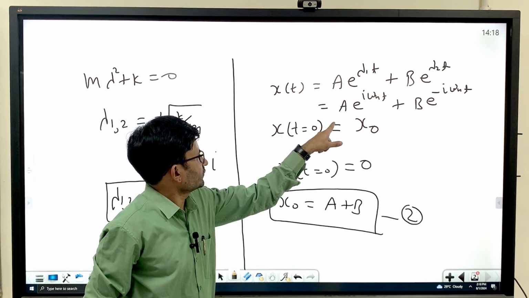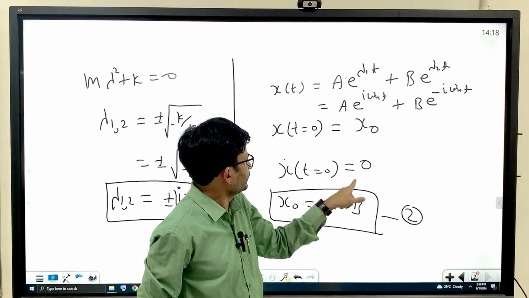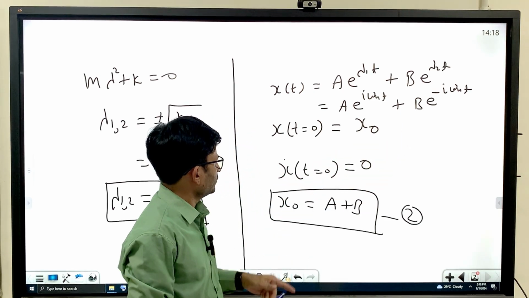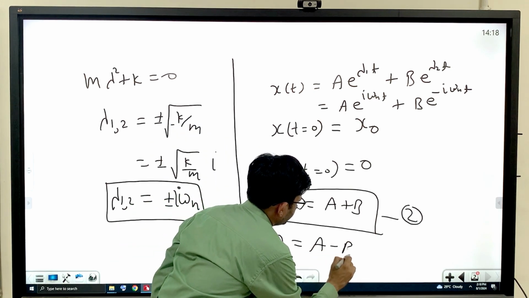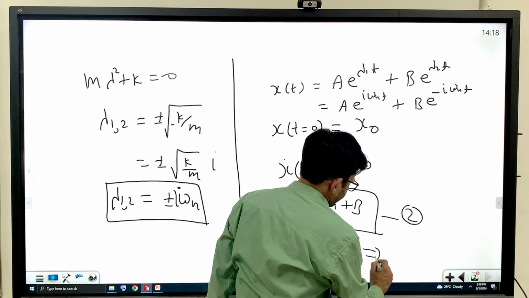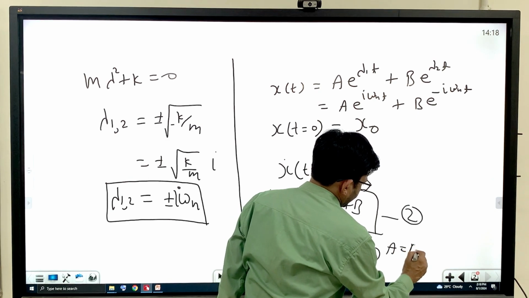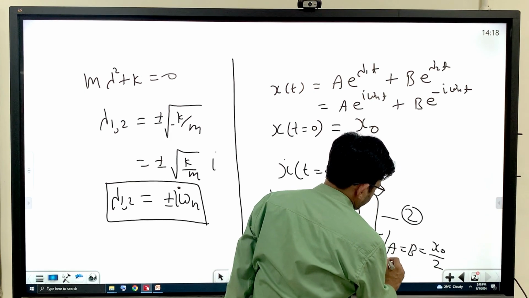When you differentiate, the minus sign will come here. When you put t equal to 0, you can write 0 equal to a minus b. From this you can write a equal to b equal to x naught by 2.